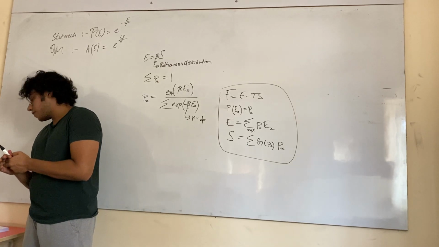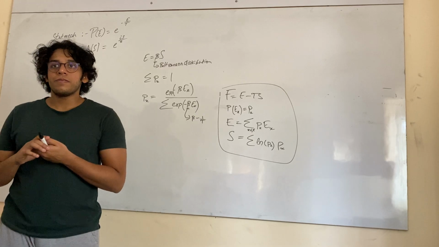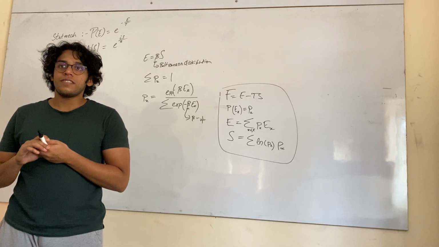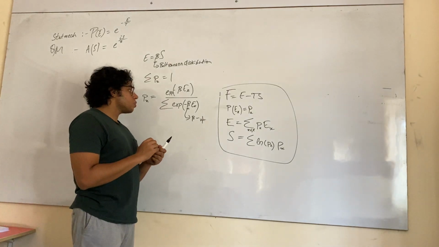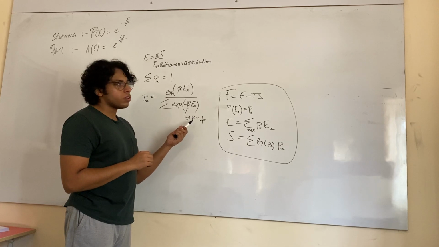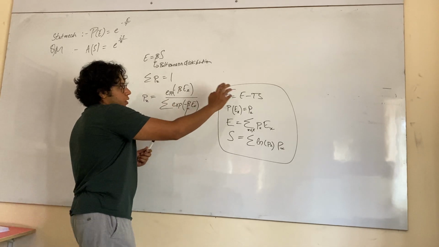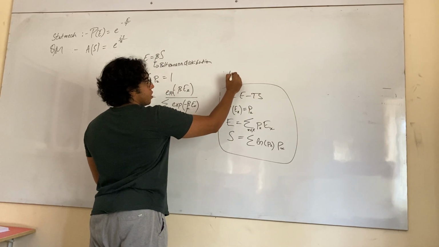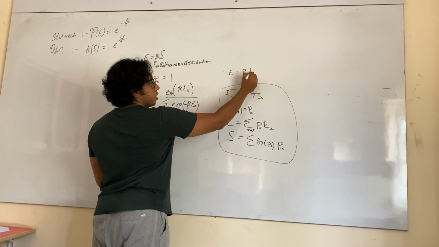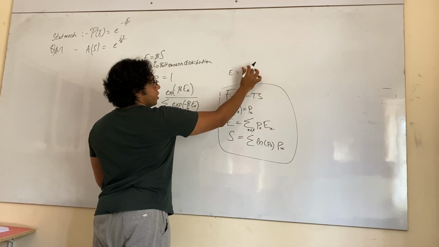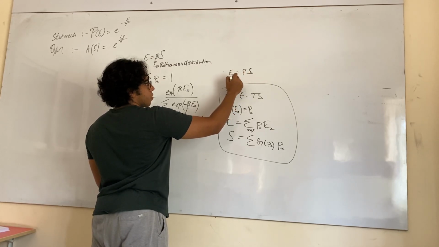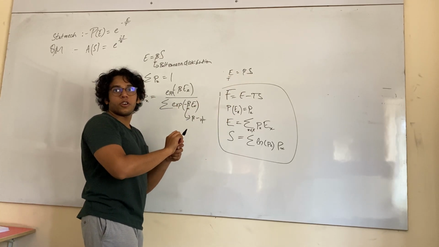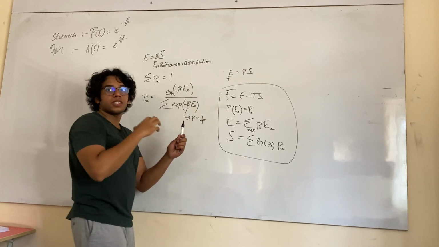So, what is the intuition for that? How does an increase in beta reduce temperature? E is equal to beta S. When you substitute, you get the relation.